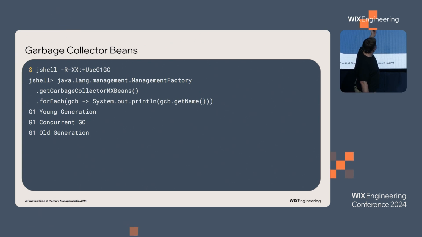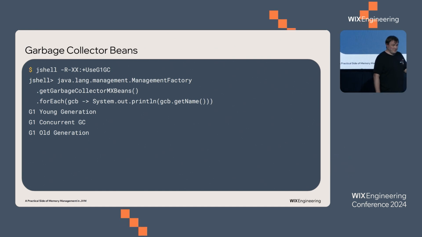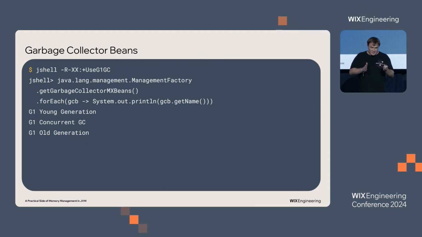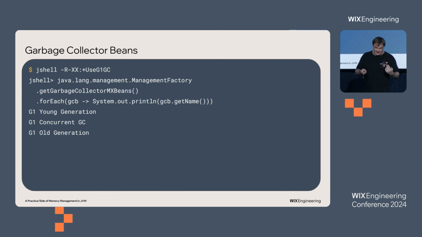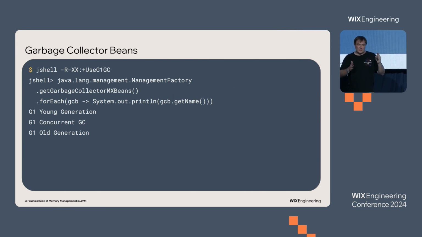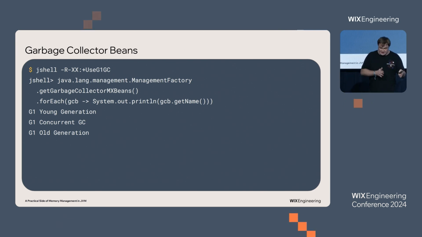So first, we have a list of garbage collector beans. There is more than one garbage collector because it's different for each algorithm. For example, for G1 GC, we have 3 garbage collectors, but only one of them is running at one time, so they do different jobs.